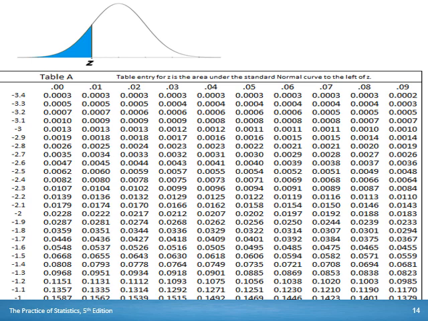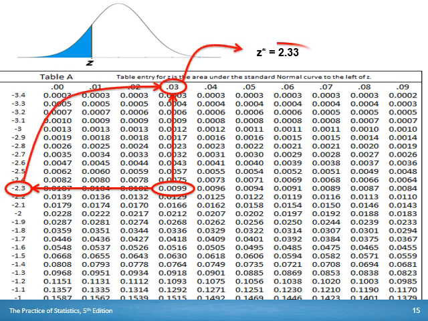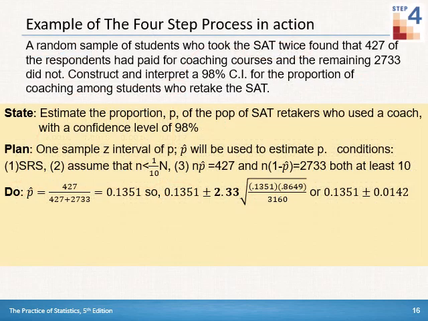And notice we're on the negative Z-score table. If we look, that's the closest there. And so we read off our Z-score, and our Z-score would be negative 2.33. But of course, we always just think of it as positive when we're thinking about a critical Z value, or Z star. So our Z star is 2.33. That is our critical value.